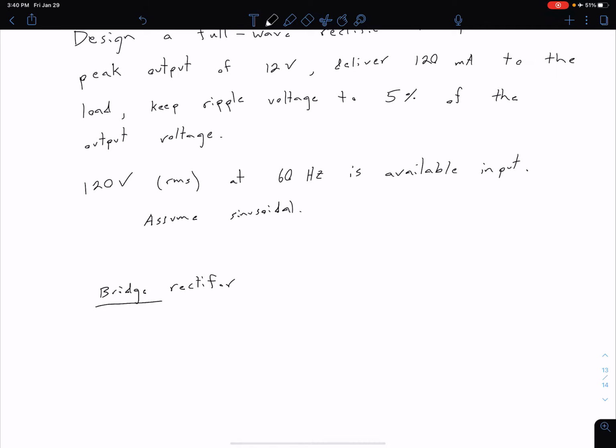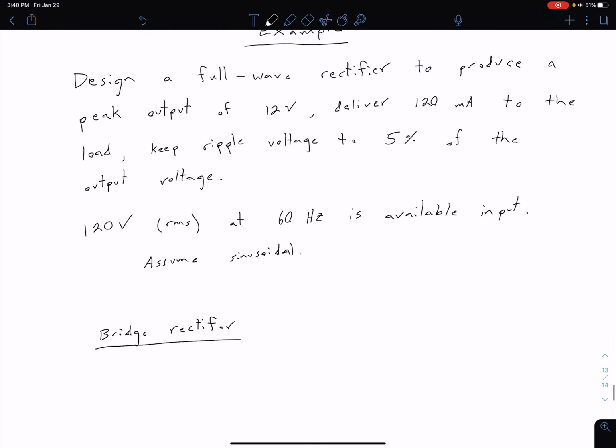Now that we know we're using a bridge rectifier, what do we need to figure out in order to meet the specifications in this design example? A couple of things we need are our diode specifications, because we essentially already know our circuit layout.